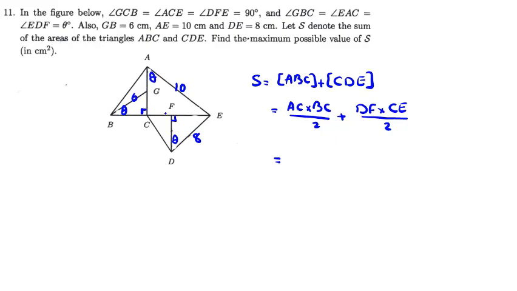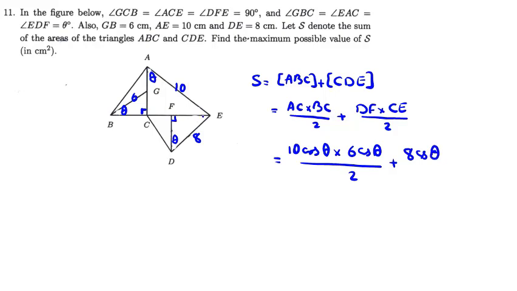Let me write 10 cos theta times BC. BC is 6 cos theta in triangle BGC, all over 2, plus DF. DF is 8 cos theta, times CF. In triangle ACE, it is 10 sine theta, over 2.